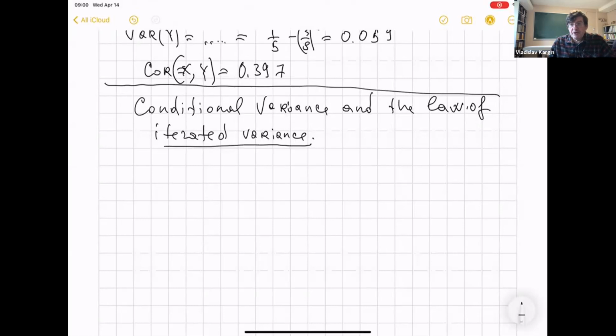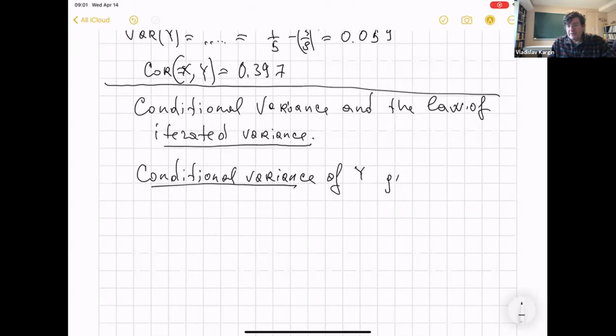Okay, so what's the conditional variance? Conditional variance is a very simple thing. It's the variance of a random variable, the conditional variance of y given x. It's the variance of y if you know that x has some realization. So it's a variance with respect to the conditional distribution.